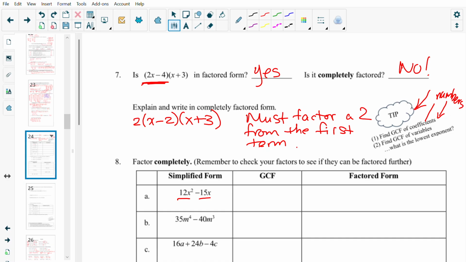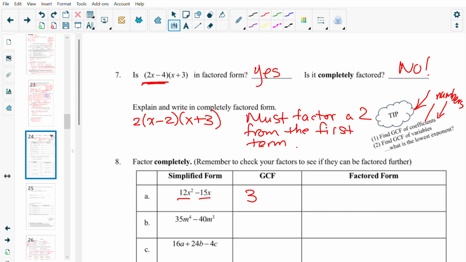First, the numbers. What's the greatest common factor of 12 and 15? You should develop some fluency and be able to give me the greatest common factor of any number by memory, or at least by practice, right? So 12 and 15, I'm thinking that's a 3, right? So I'm going to go 3.